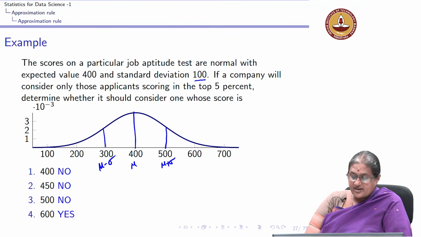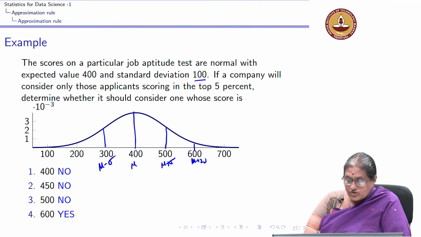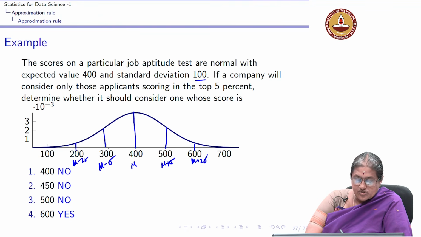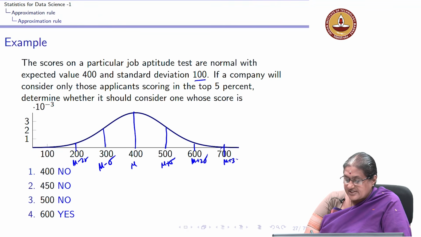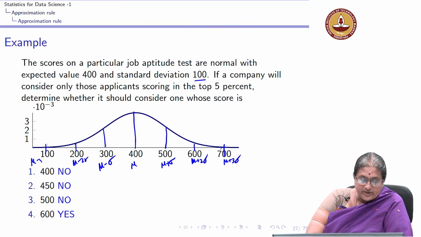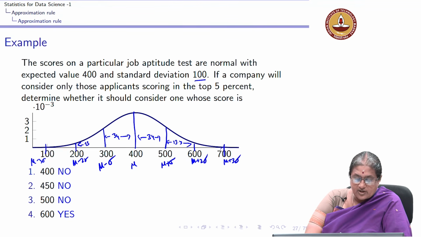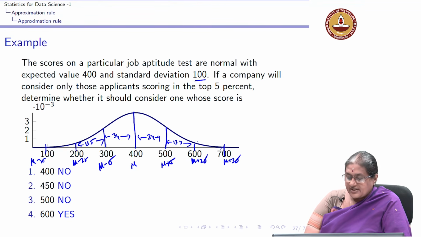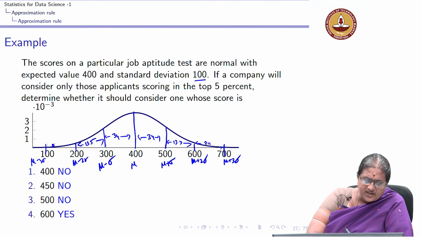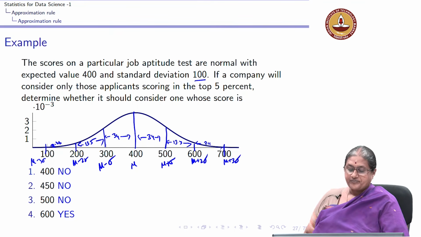This is going to be mu plus 2 sigma, this mu minus 2 sigma, this mu plus 3 sigma and this mu minus 3 sigma. Again, the approximation rule says that 34% would be here, 34% would be here, this is going to be 13.5, this is 13.5 and this is going to be 0.0024, or 2.4.